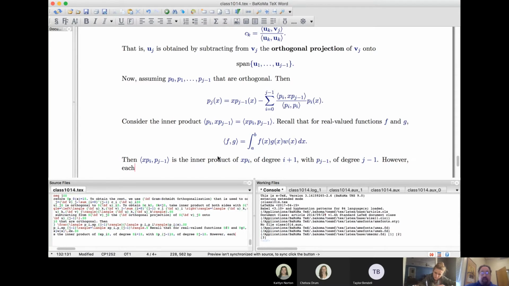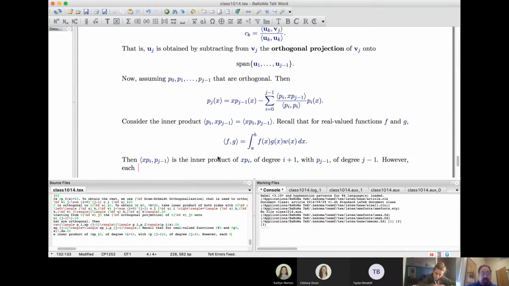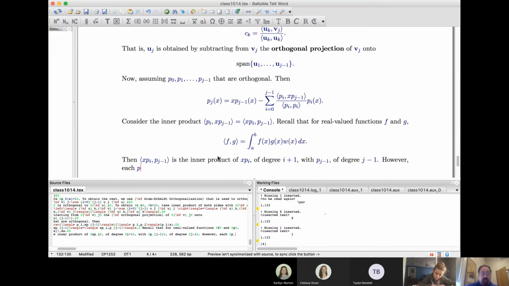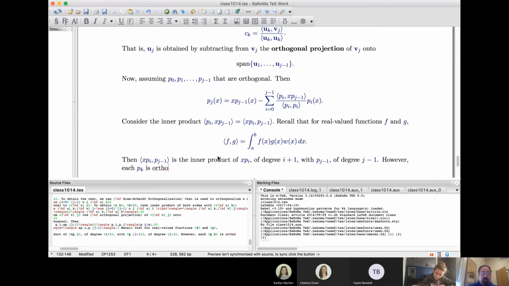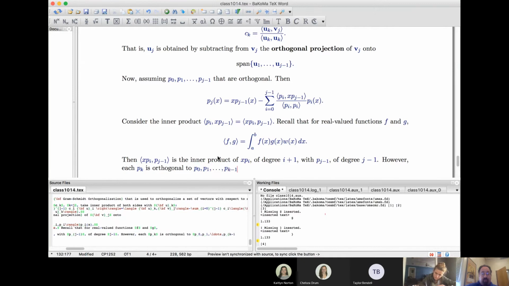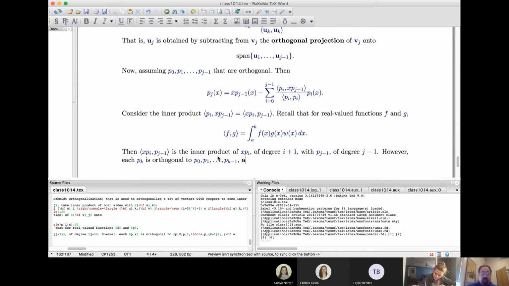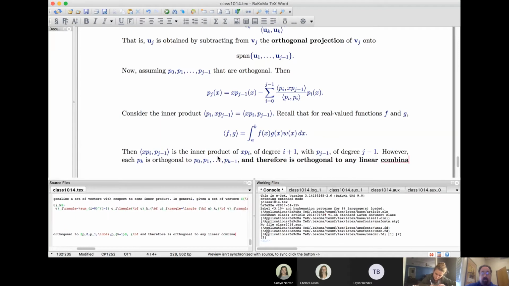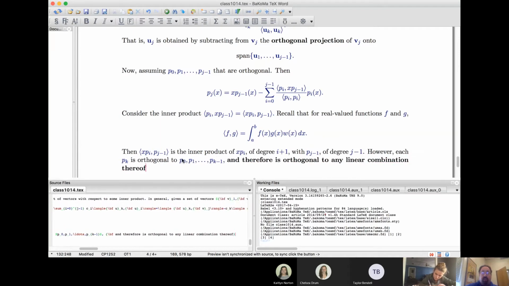However, each p is orthogonal to all previous polynomials, but because it's orthogonal to all of these, it's orthogonal to any linear combination of them.